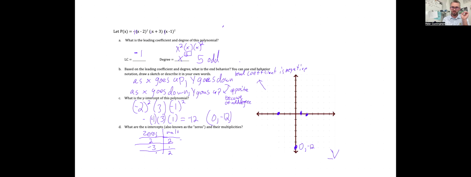I still need to hit my y-intercept. I need to go back toward the next x-intercept. I need to bounce. Now remember, I'm going to bounce at the next one, so I need to head back in that direction, hit the x-intercept, and then bounce back, and I should be able to connect with my end behavior, and it makes sense.